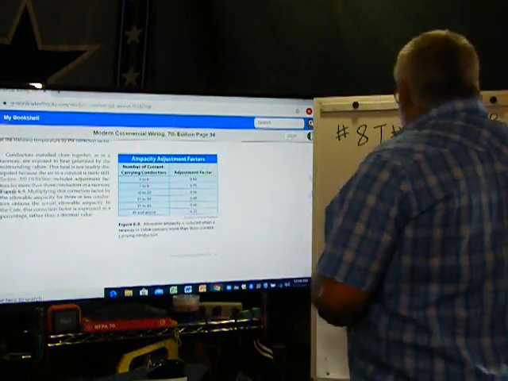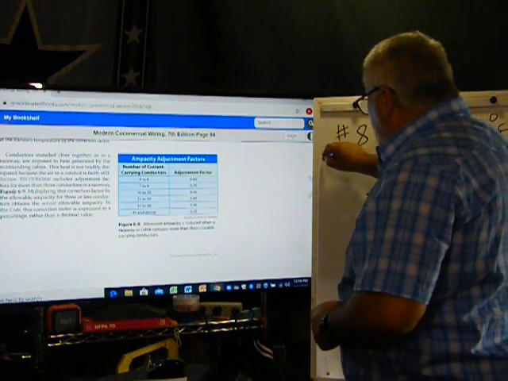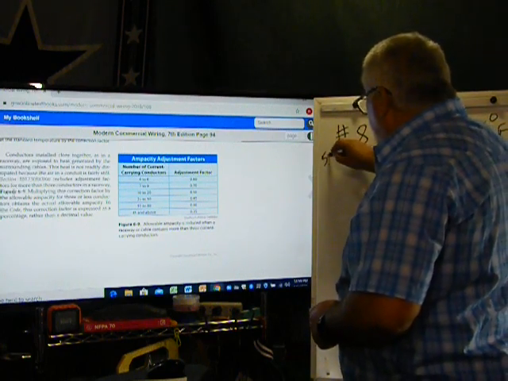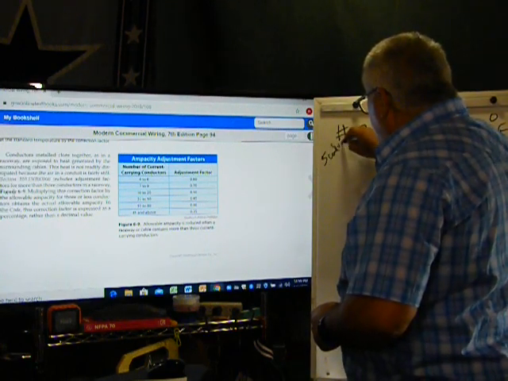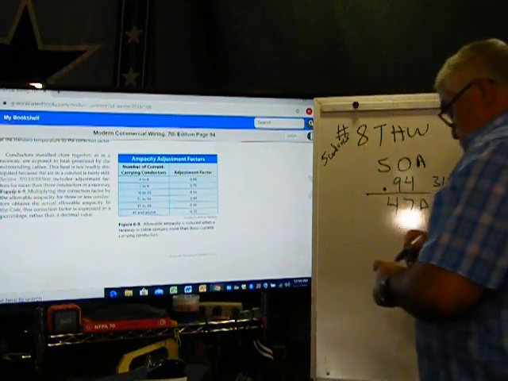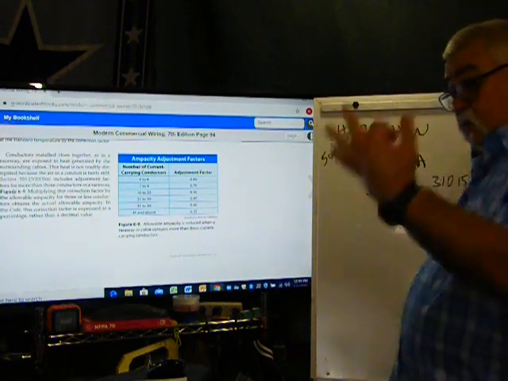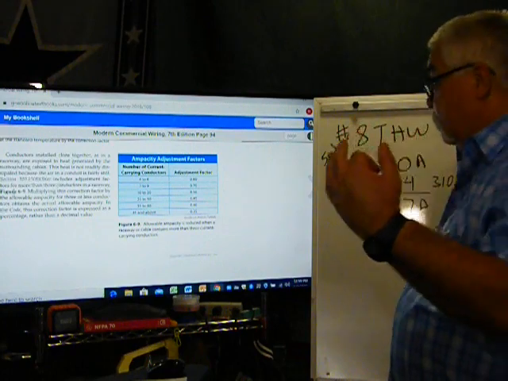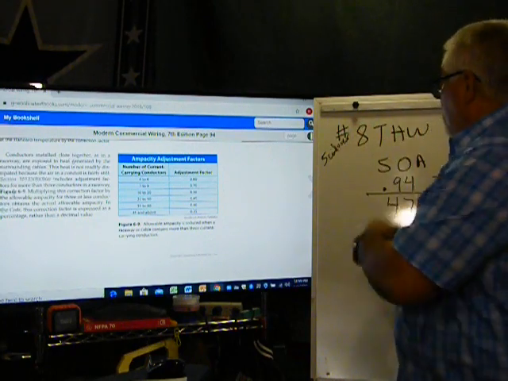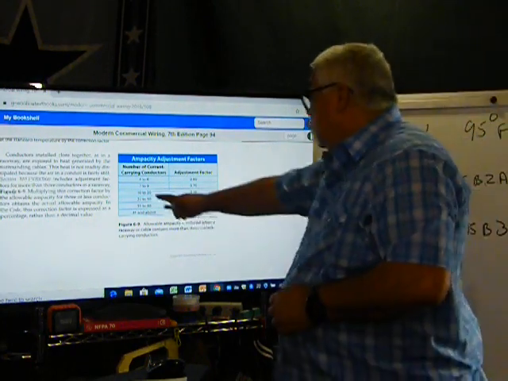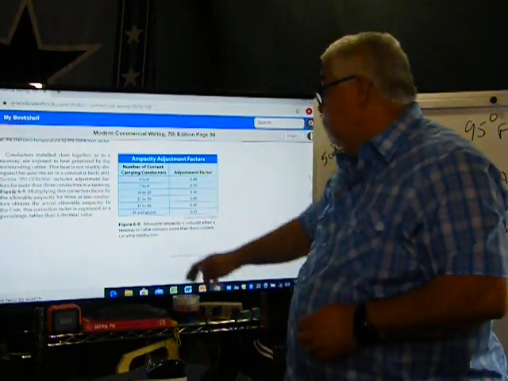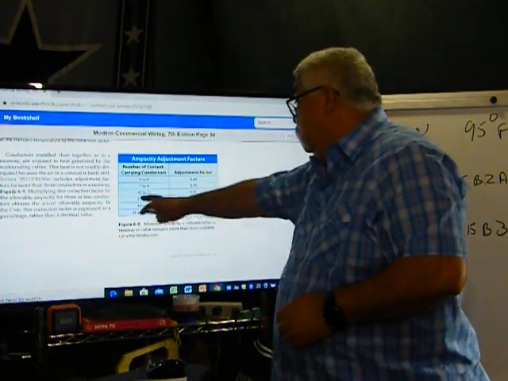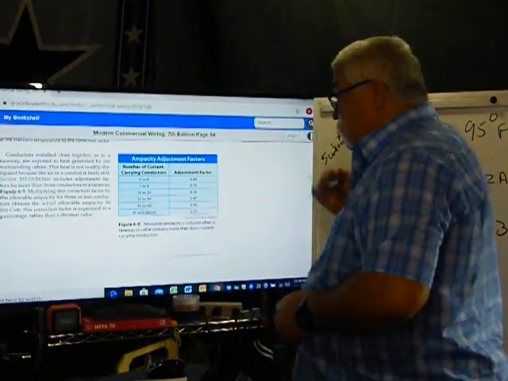Okay, so let's say I have 5 conductors. This 50 amps is for three current carrying conductors in a raceway. I have 5. Four through six is 80%, seven through nine 70%, 10 through 20, 50% on top of this.